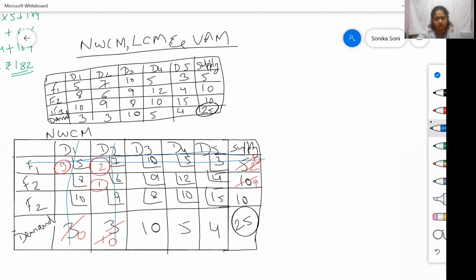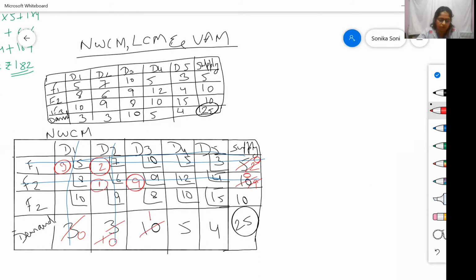Now, which is the next north corner side? We have 9 as the next one. So here we can allocate only 9 because supply is 9, although demand is 10 there. So demand becomes 1, supply becomes 0. So we cancel F2 row out.